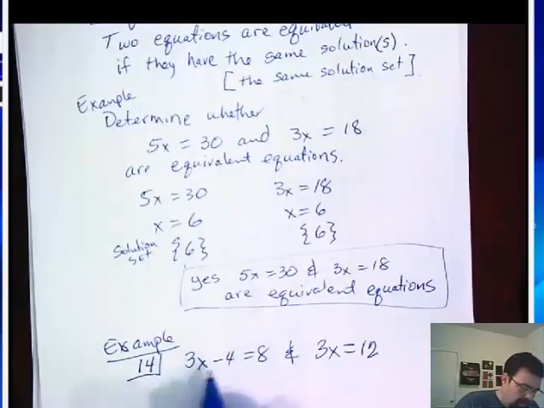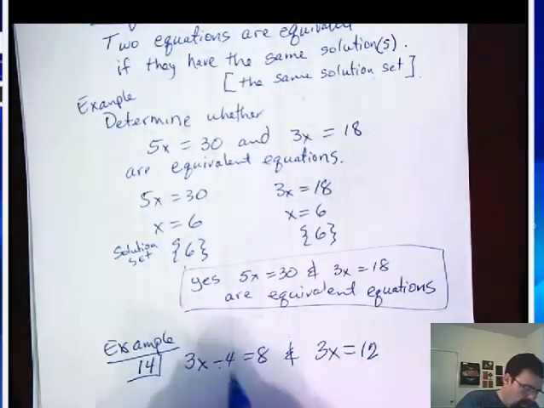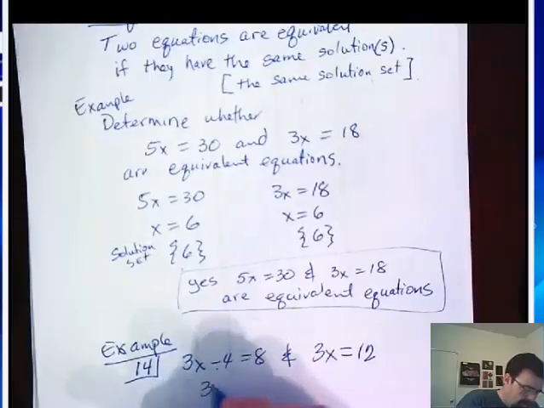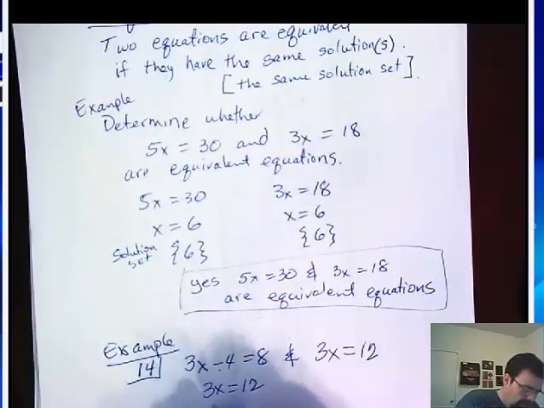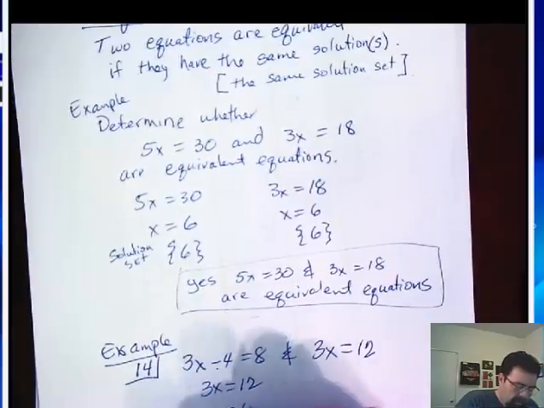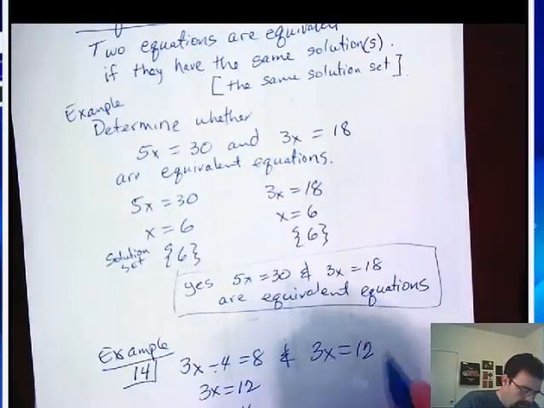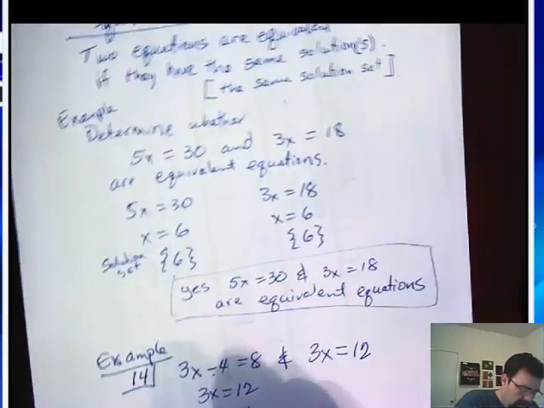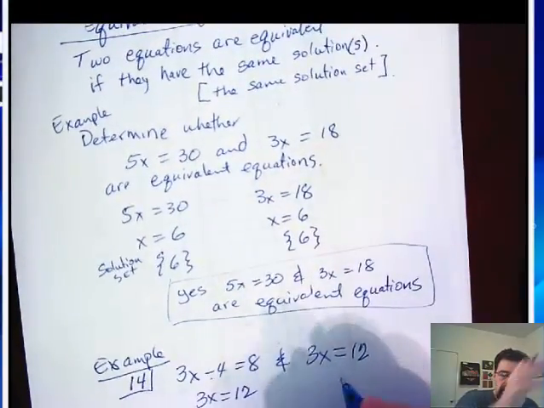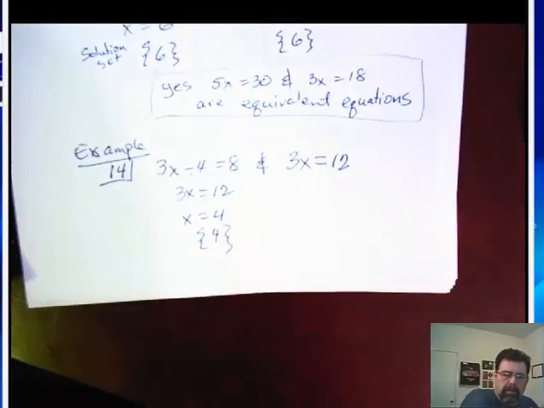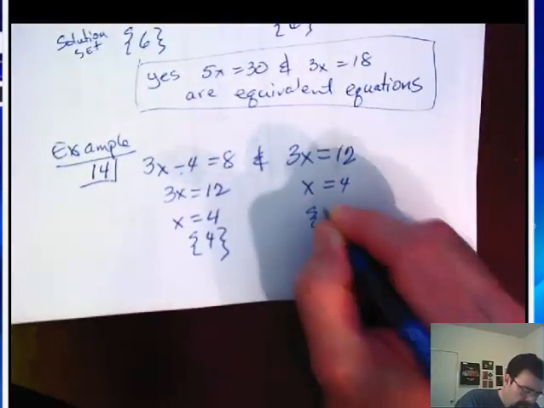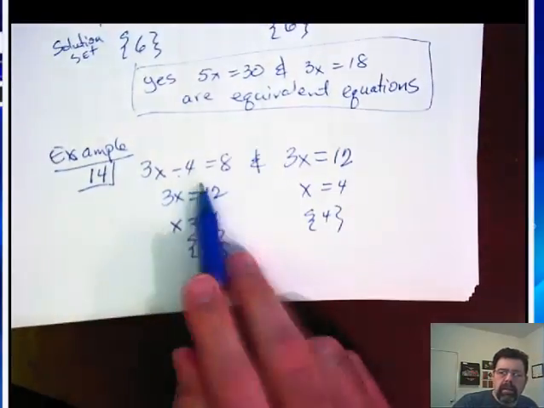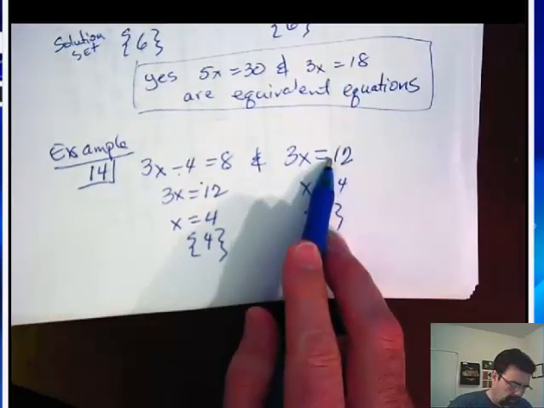And here again, let's see, add 4, divide by 3, and we'll review this in a little bit. So the solution set for this one is 4, and the solution set for this one is also 4. So here again, these two equations are equivalent.